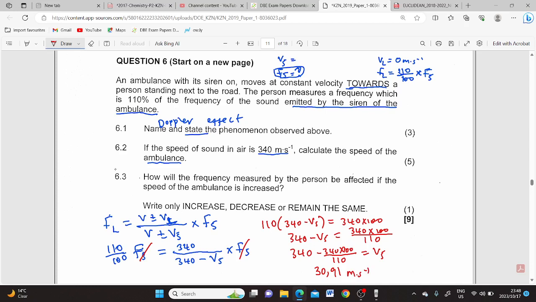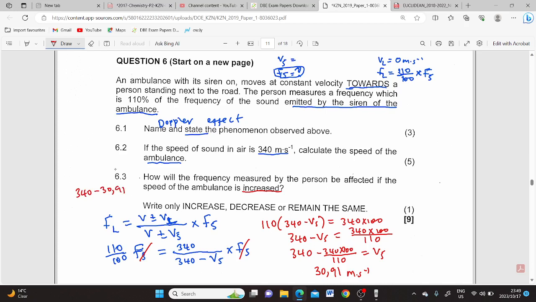How will the frequency measured by the person be affected if the speed of the ambulance is increased? Now, the ambulance is the source. If we increase this speed, let's get the numbers. So we had 340, then we subtracted 30.91.